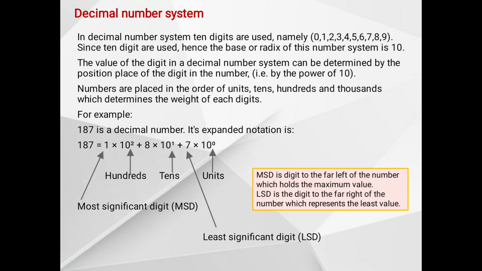And the LSD is the digit to the far right of the number which represents the least place value, that is 7 into 1, which is 7. I hope that you have understood the decimal number system.